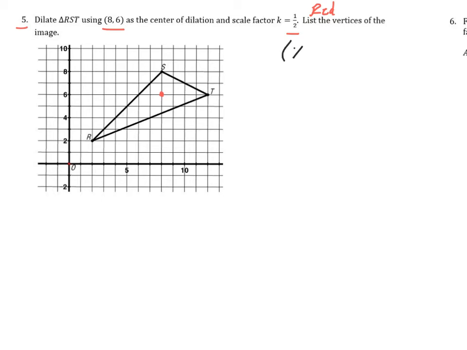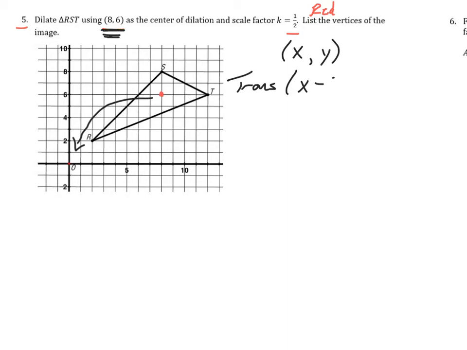So if I'm starting off with any xy point, how can I dilate it if it has a center of 8, 6? Okay, first thing I would have to do is translate that point. And I need to get it back to the origin. So that means I have to go the complete opposite of the coordinates they give me.